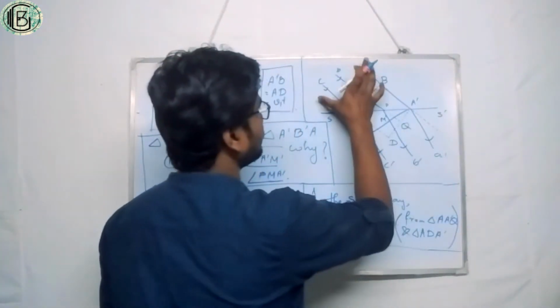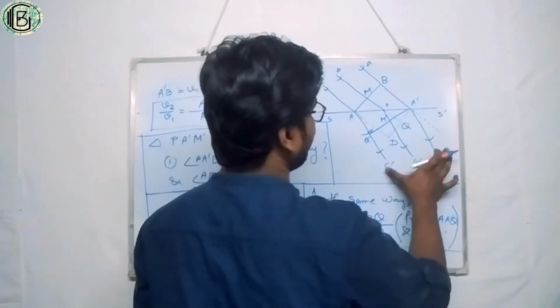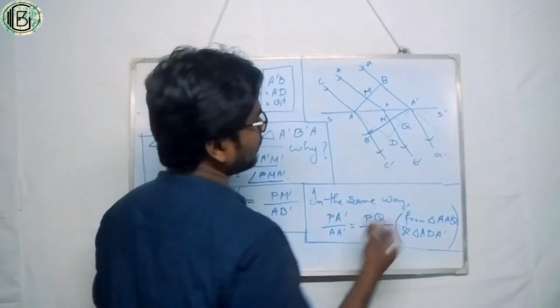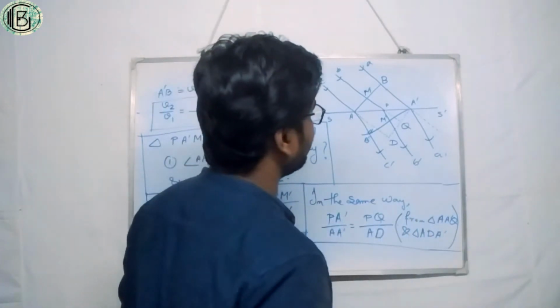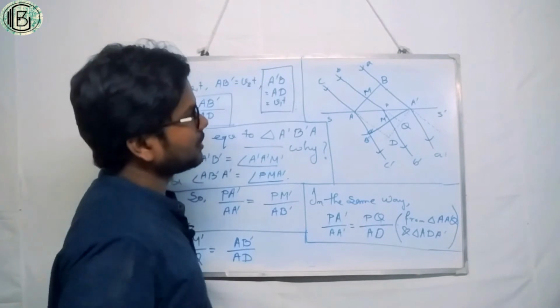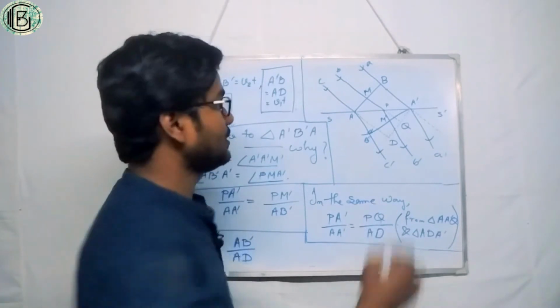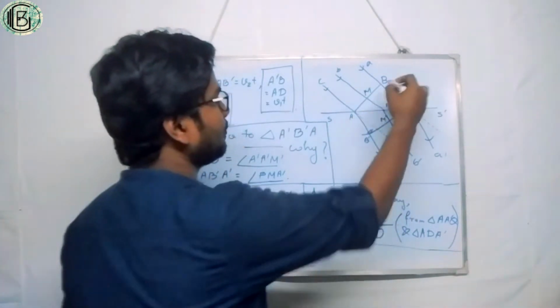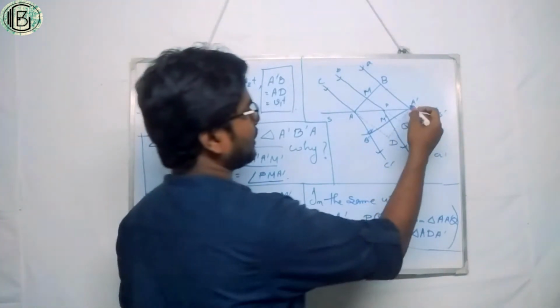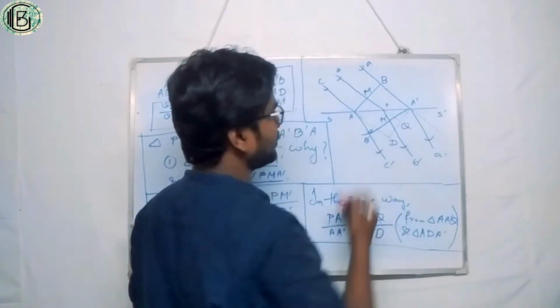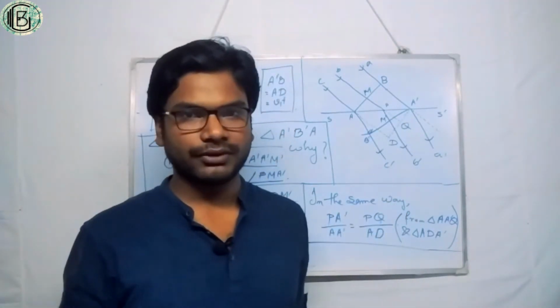So, this is the incident light beam, and this is the refracted light beam. Here, A prime, B prime, C prime is the refracted light beam. If we talk about the wavefront, then this A and B is the incident wavefront, and this A, M prime, B prime is the refracted wavefront.